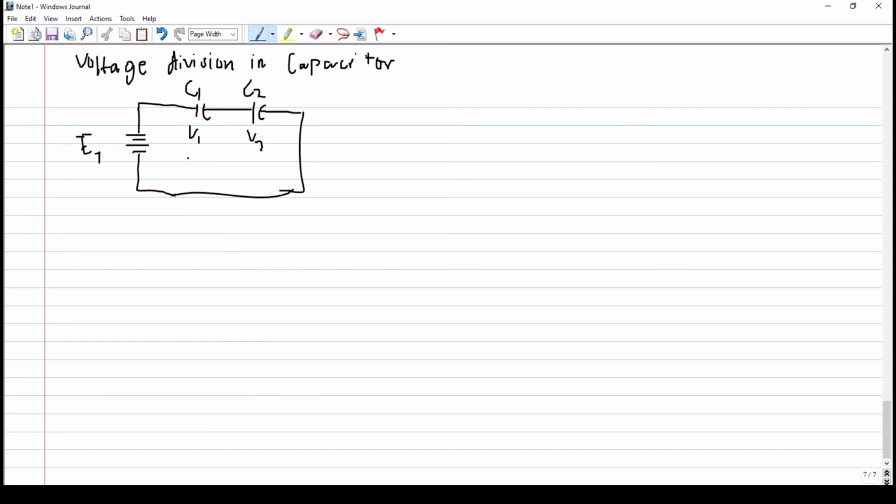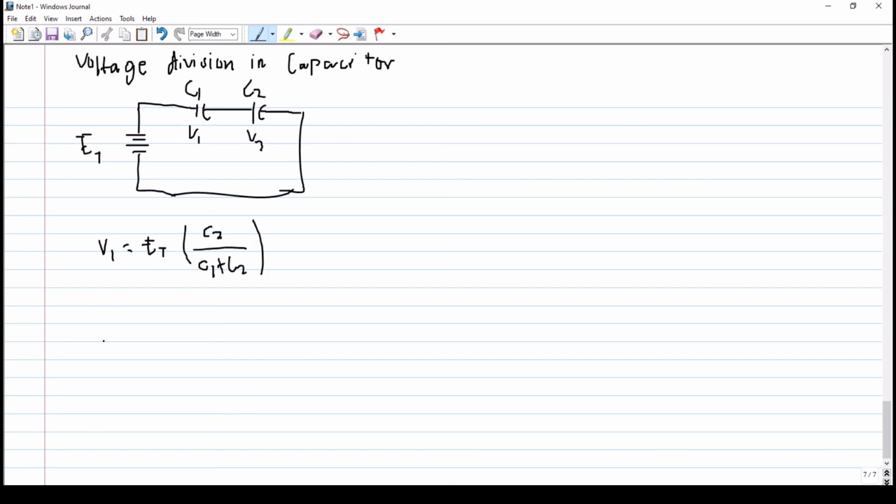So when to find V1, the formula of that is ET, which is the voltage total, times, when you take V1, you must take the capacitance in V2. So therefore, C2 here, over the sum of the capacitances, which is C1 plus C2. Okay.